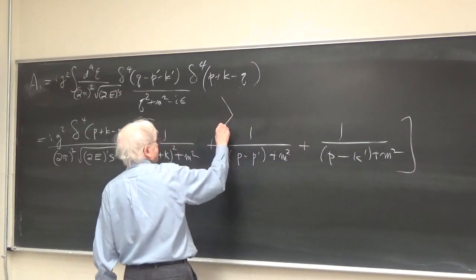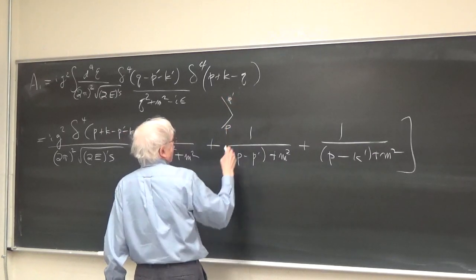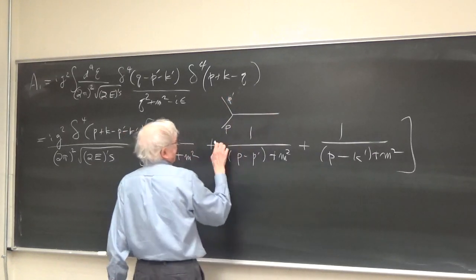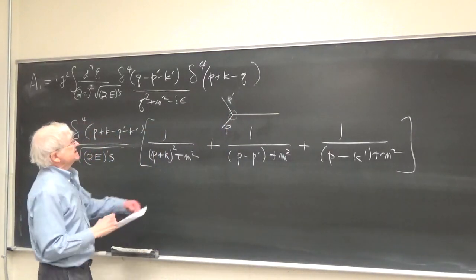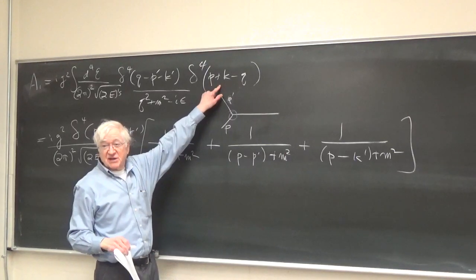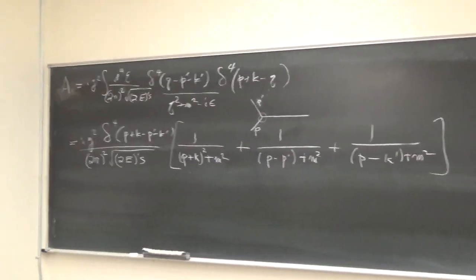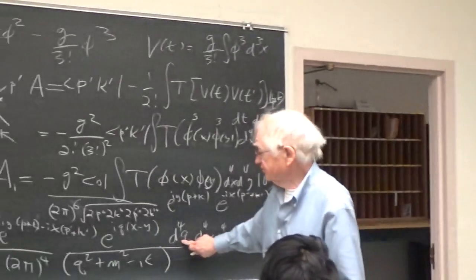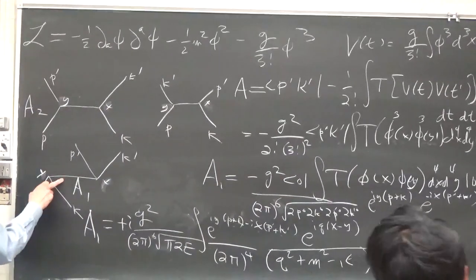You see here, you have p coming in, p prime going out. Energy and momentum is conserved at each vertex. That's this delta function here. The q is the momentum going across here, this q in d^4q.